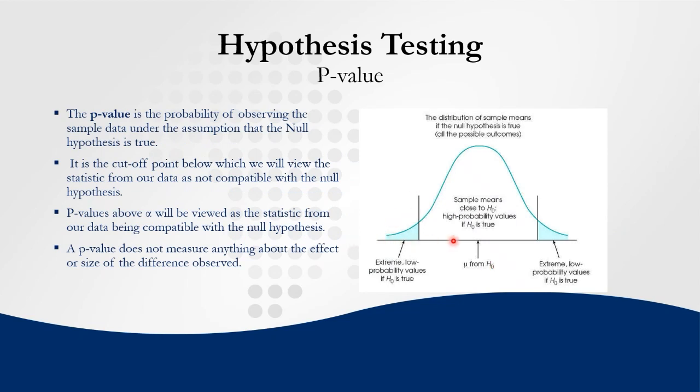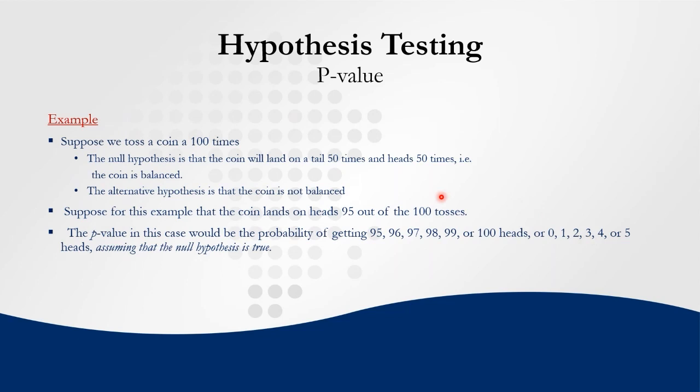Here, if we look at the line as the number of heads, it's going from small to high, starting by getting 0 heads, 1, 2, 3, 4, 5, up until 100. The 0 side will be one side of the extreme. The 100 side will be the other side of the extreme. So these are the extremes.